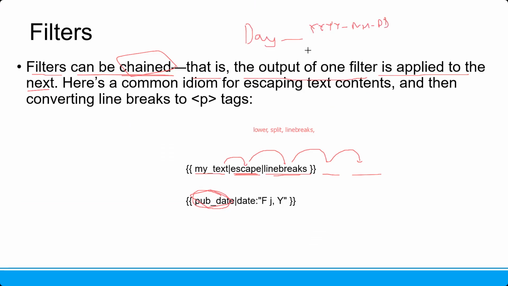In some other countries, they represent it as YY slash MM slash DD. Or in other countries, they have DD dash MM dash YY. So here we need to define the particular format for the date.